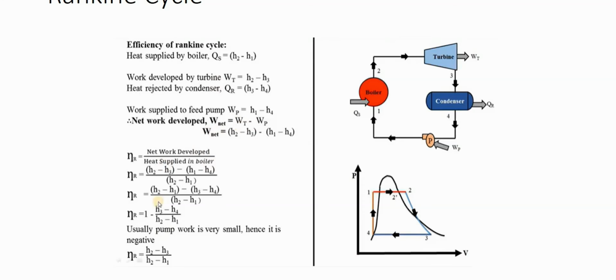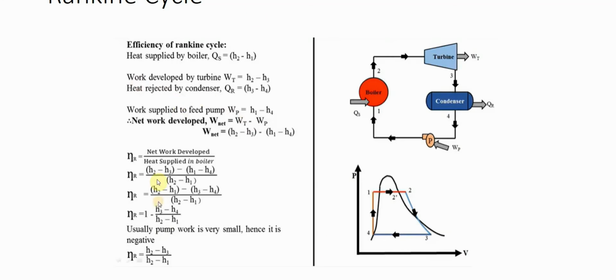We subtract this pump energy from the turbine energy. The turbine is delivering power, which is more, and some energy is used by the pump. So WT minus WP is the net energy, that will be the output. So the numerator in the efficiency formula is this net energy.